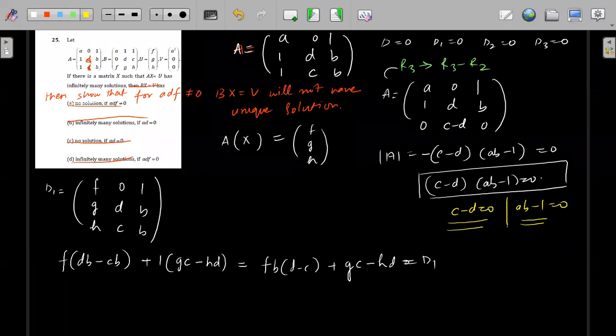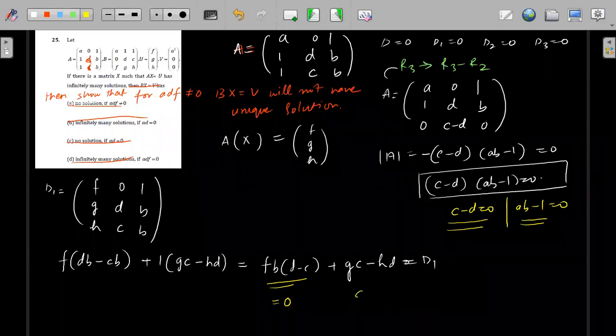If C is equal to D, we can find the value of D1. D1 will become D minus C, which will be 0. And then we will have G is equal to H from here, if C is equal to D. So like that, you can form different cases.